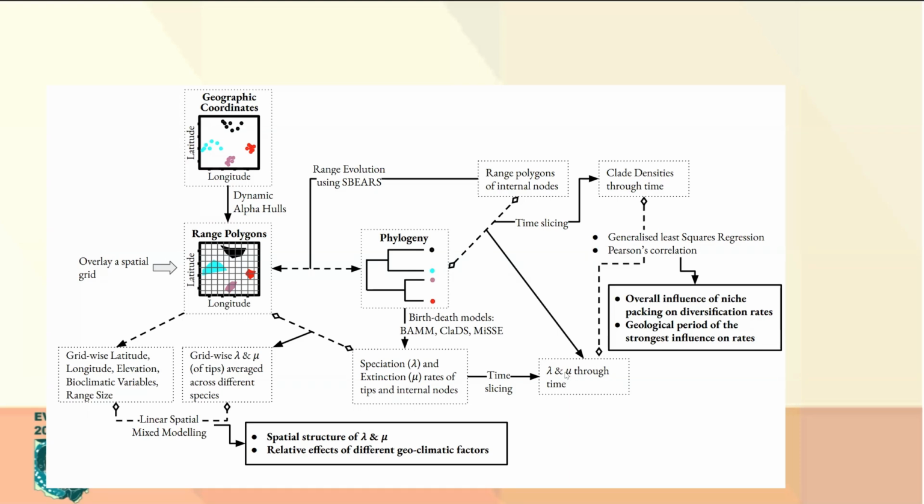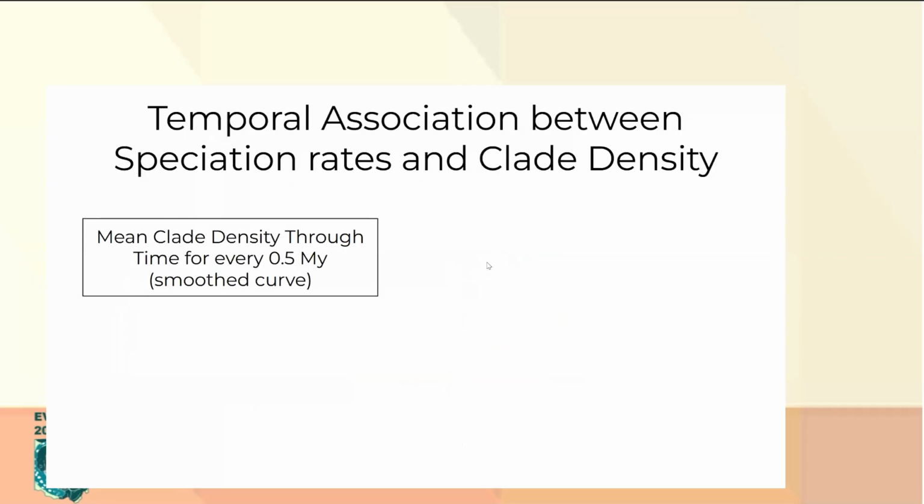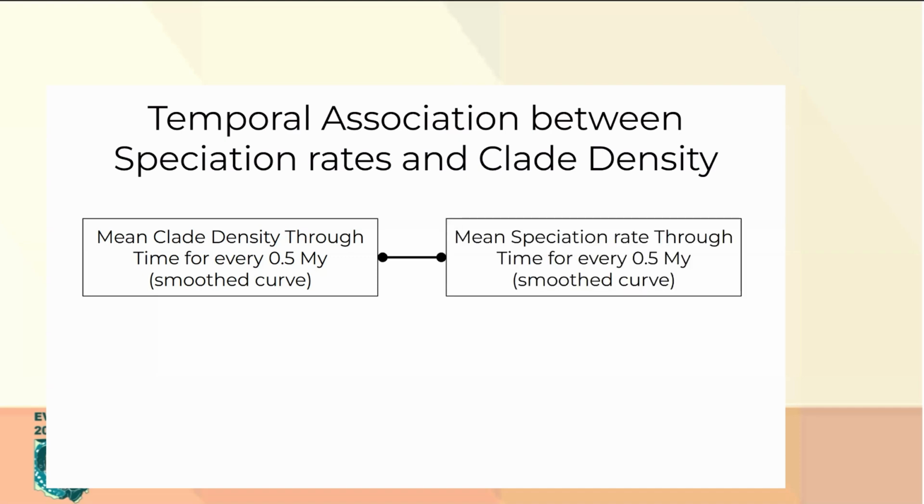This is an illustration of how clade density changes with time for one of the endemic radiations that we took in the study. In order to understand the association between speciation rates and clade density, because I had taken time slices for every 0.5 million years, I essentially had a curve for the mean clade density through time. Similarly, I had a curve for the speciation rate through time.